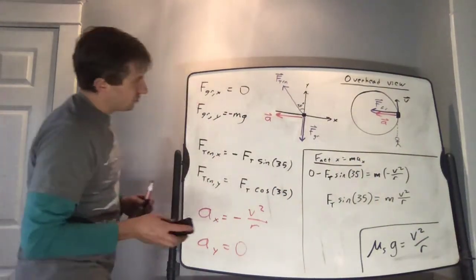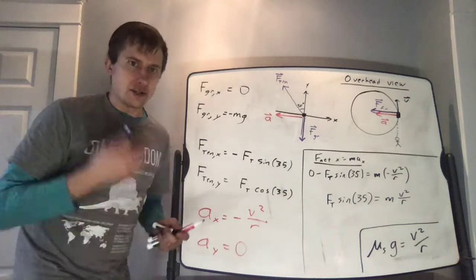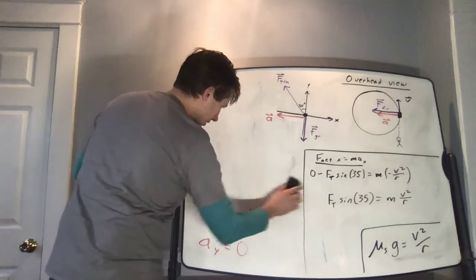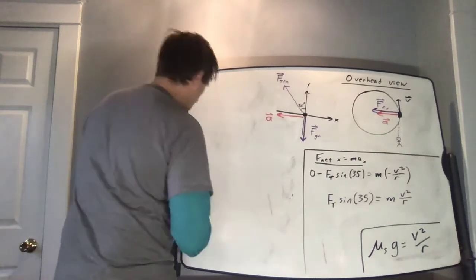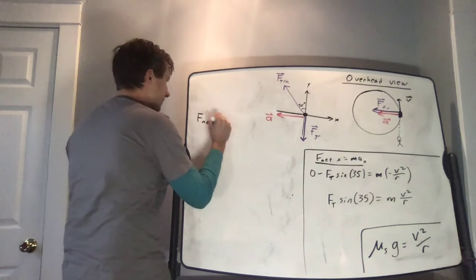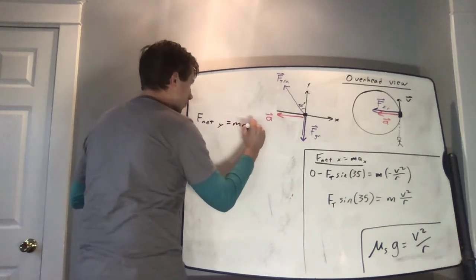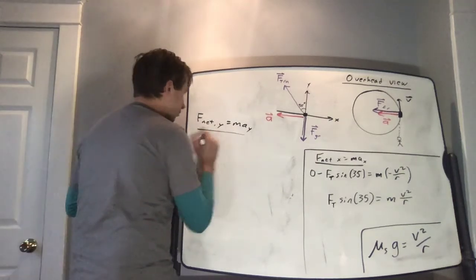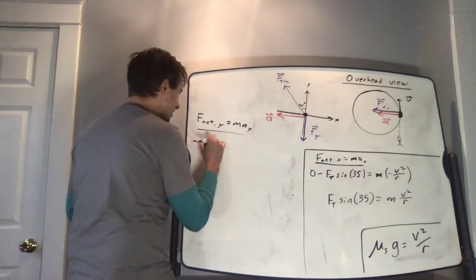Let's set up Newton's second law in the y direction. F net y equals m a y. For the downward force of gravity, we have minus mg.